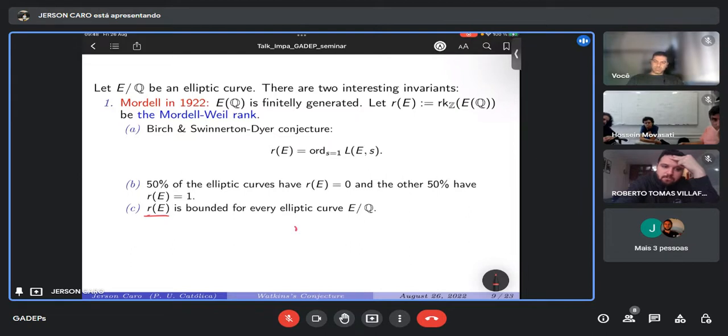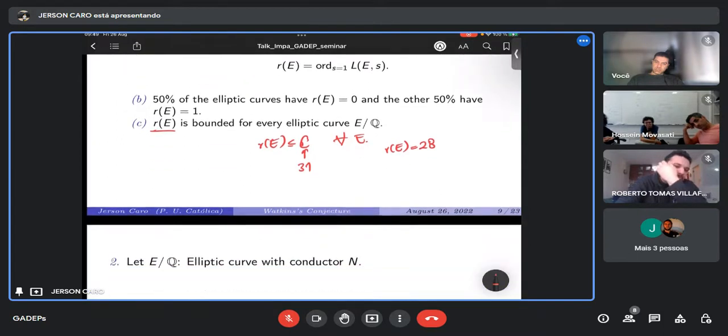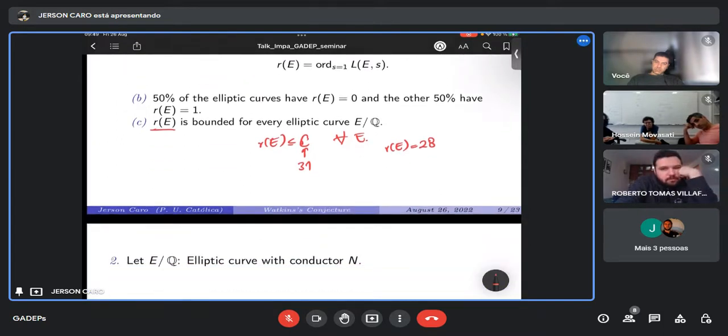That implies that there exists a constant such that r_E is bounded by this constant for every E defined over Q. For example, the biggest rank that we know is an elliptic curve that has rank 28. And many people believe that this constant could be 31, but it's only a conjecture. Okay. Questions?